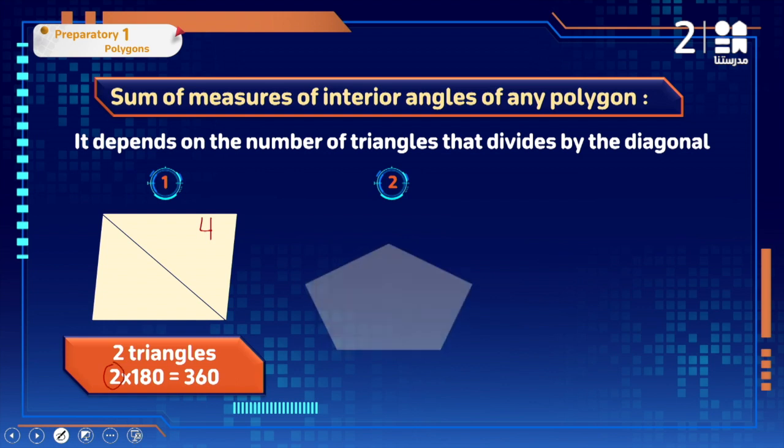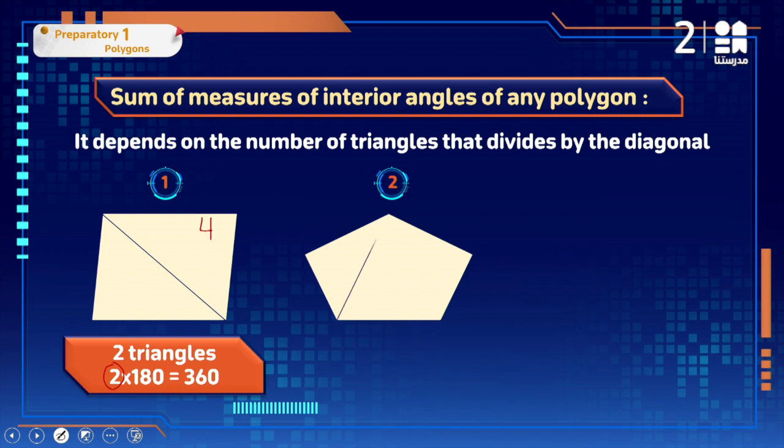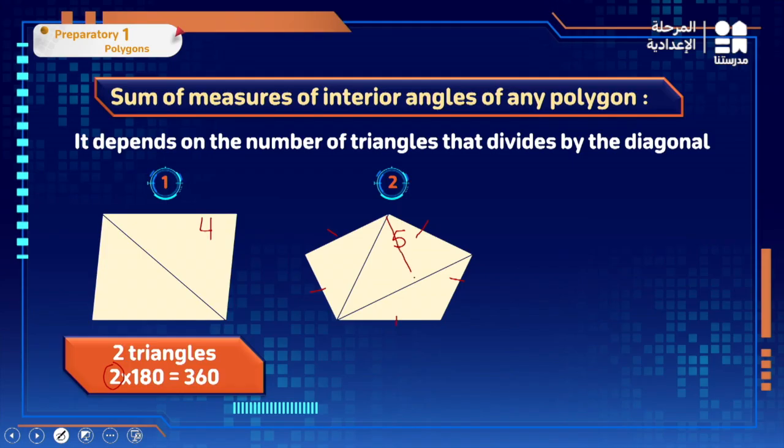Number 2. Count with me how many sides there are: 1, 2, 3, 4, 5. We have 5 sides, so it is a pentagon. Then how can we make the diagonals? To get the triangles, they should be separated. So it's not allowed to draw, for example, a diagonal like that.